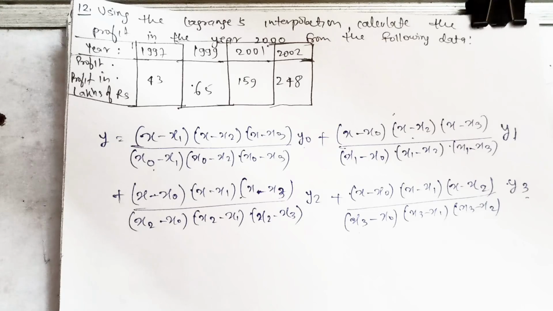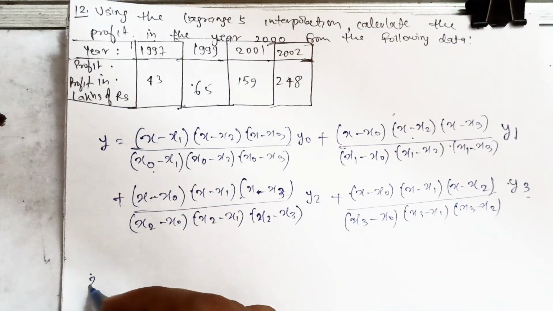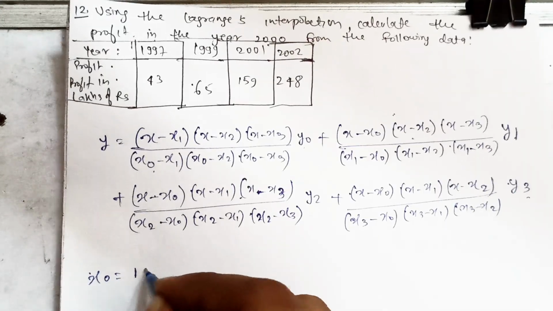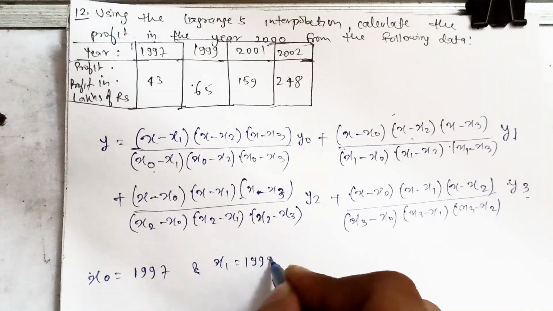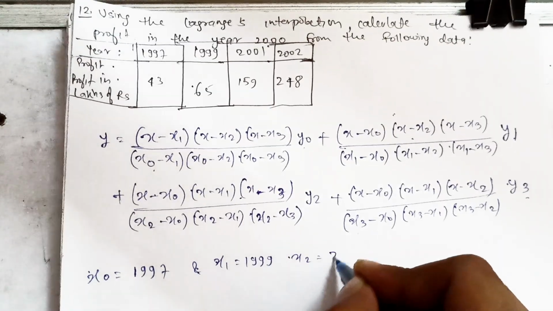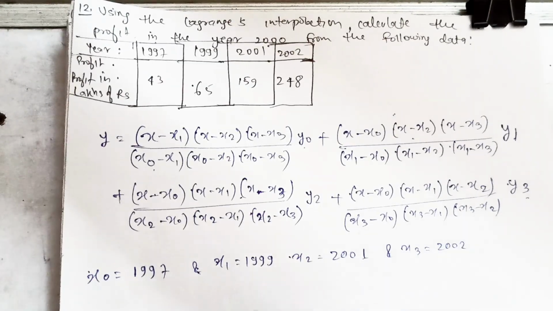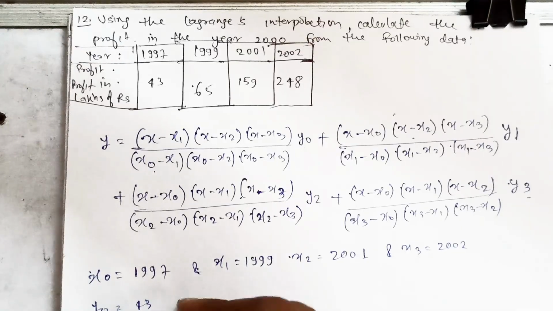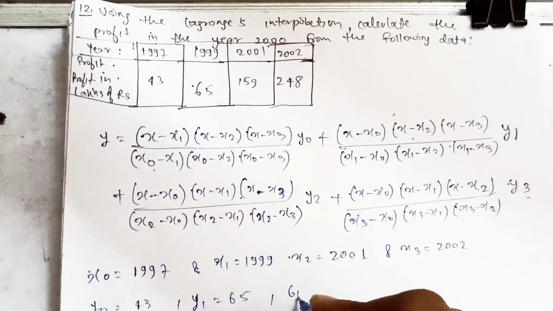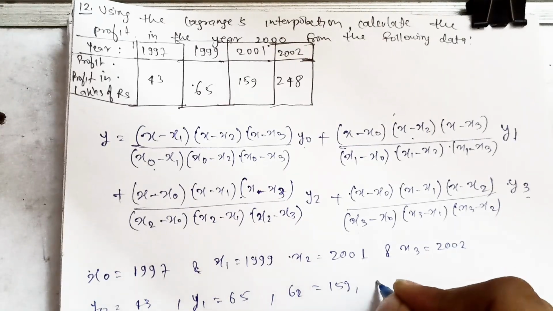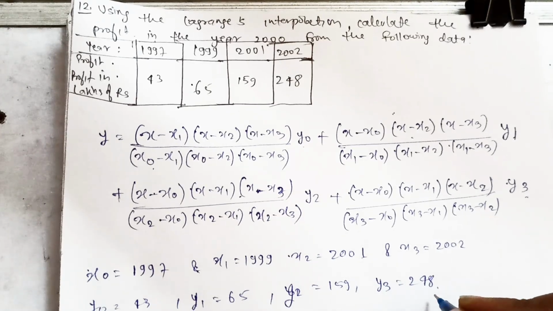Then we need to find what x0, x1, x2 and x3 are. From the given table we see that x0 equals 1997, x1 equals 1999, x2 equals 2001 and x3 equals 2002, and y0 equals 43, y1 equals 65, y2 equals 159 and y3 equals 248.